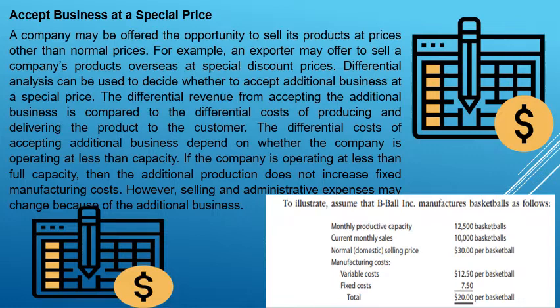They produce basketballs. So we have here the data of the monthly productive capacity, current monthly sales, and the normal selling price. We also have here the manufacturing cost, the variable cost, and fixed cost.